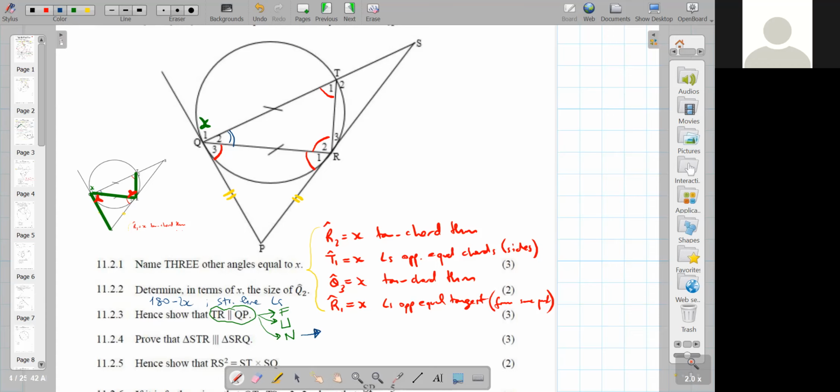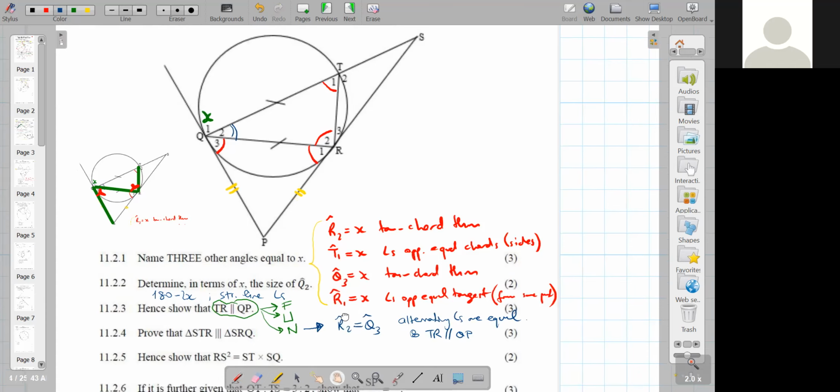Since we already have R2 equal to Q3, we already proved that they both equal X. You can say alternate angles are equal. So that's why TR is parallel to QP. That wouldn't be a problem to write now.